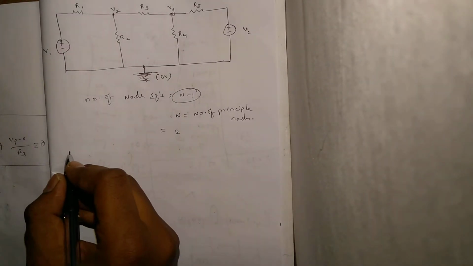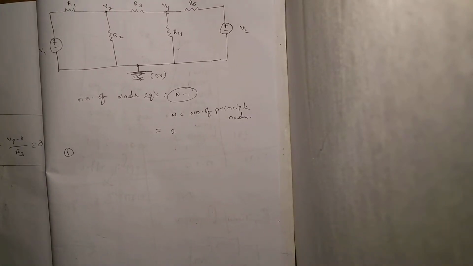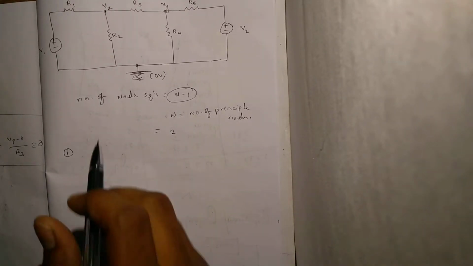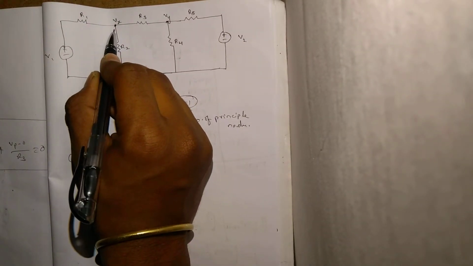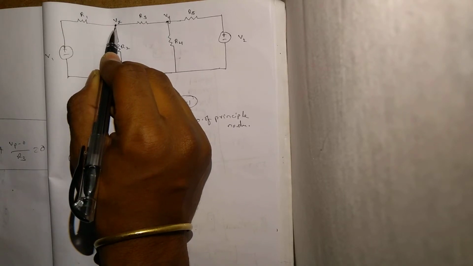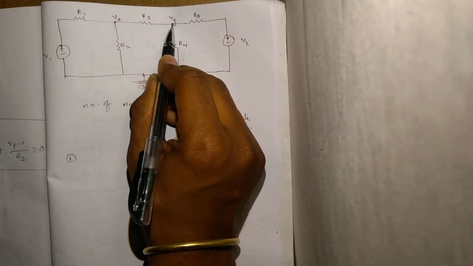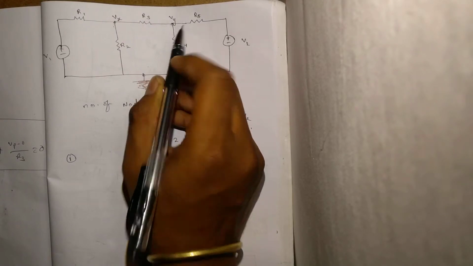Let us try to find out what those node equations are. When considering node 1, we must consider that Vx is greater than any other voltage, and when considering node 2, we must consider that Vy is greater than any other voltage.